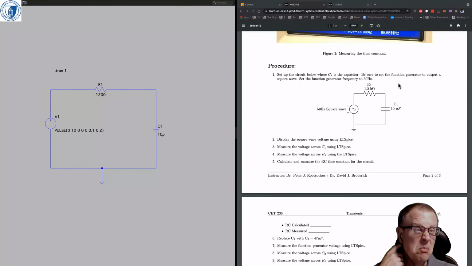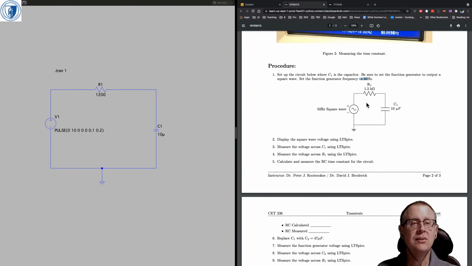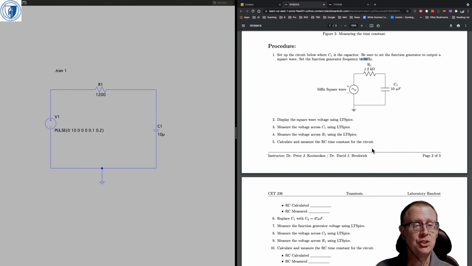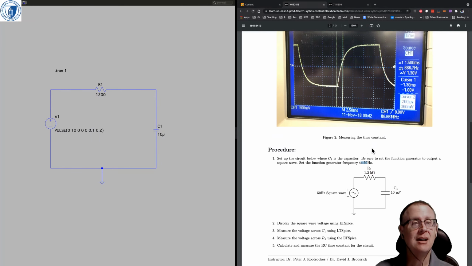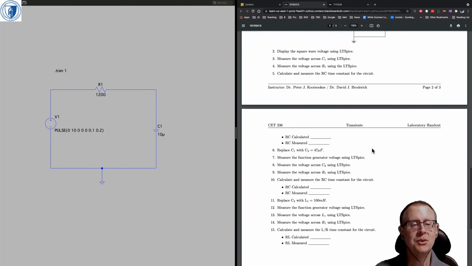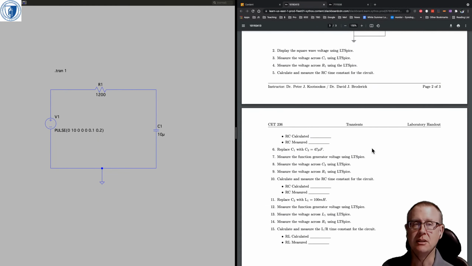Okay, so I think that means I need to change that 50 hertz to a 5 hertz. Anyway, that should get you started on the lab, and I'll talk a little bit more about it during the session.